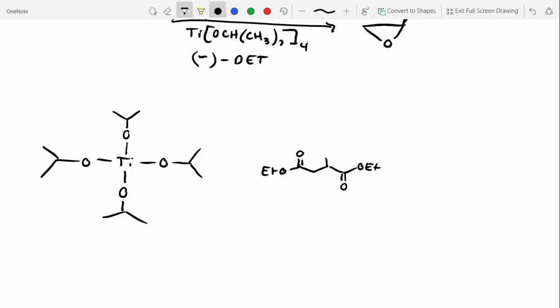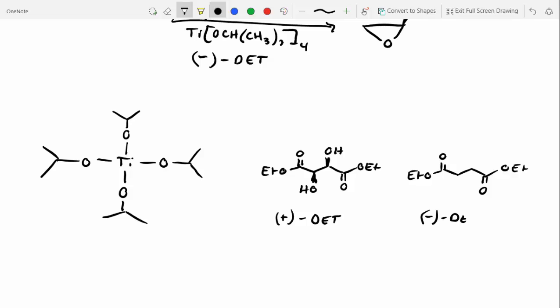The really innovative part was using this diethyl tartrate, which is a really cheap, commercially available, but chiral product. So we'll write OEt, and this one's positive diethyl tartrate, so I'll write DET. This one's negative diethyl tartrate, and this one has the alcohol sticking back.